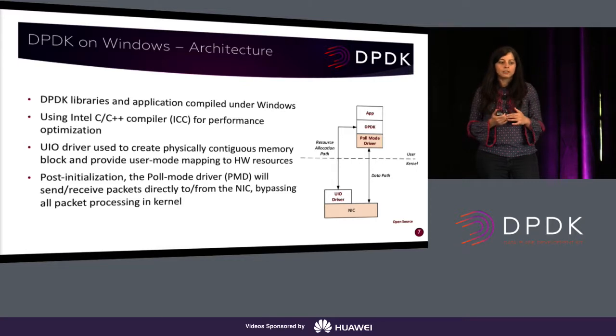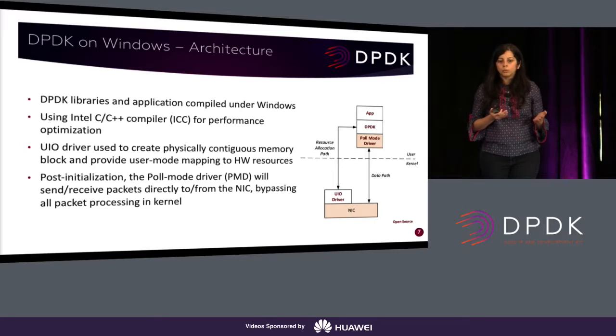The first problem that we ran into was that we didn't have a UIO kind of a driver available on Windows natively. So we did some work to write the UIO driver, thereby exposing the NIC or the network device into user space. And then we went over the user space applications, DPDK libraries, and the kernel-mode driver, and worked on porting the complete set to Windows.